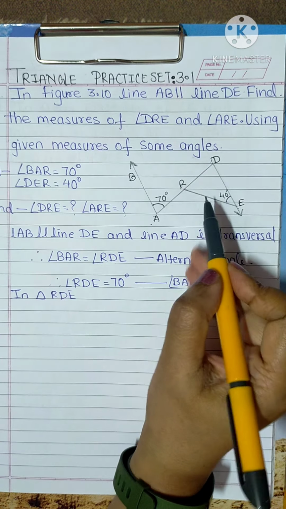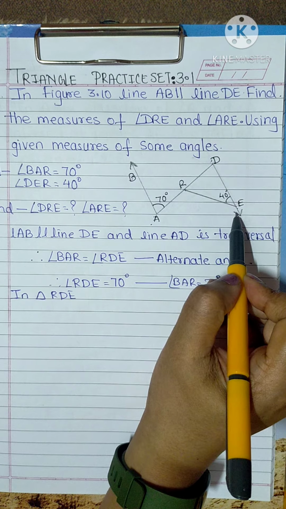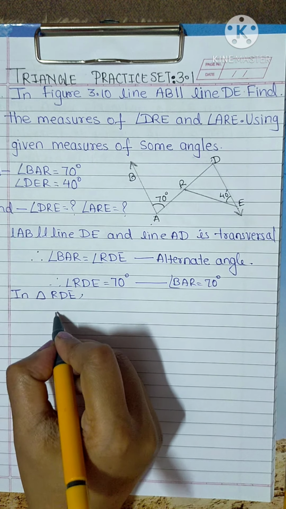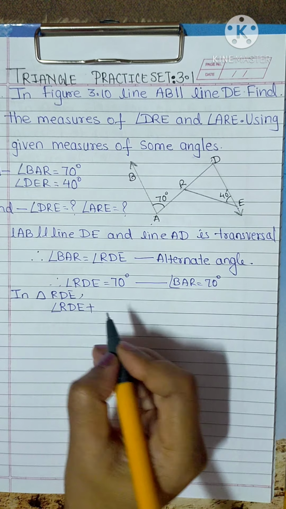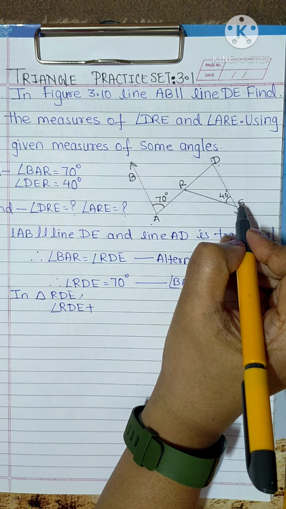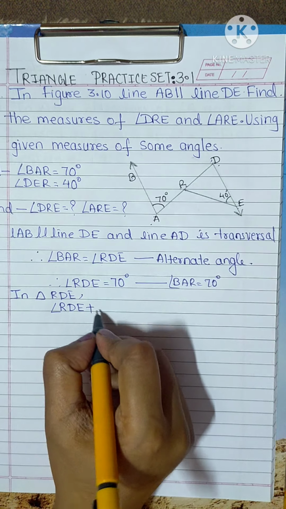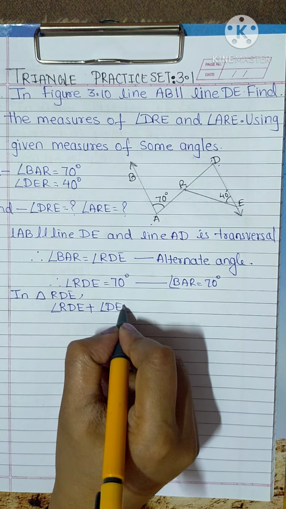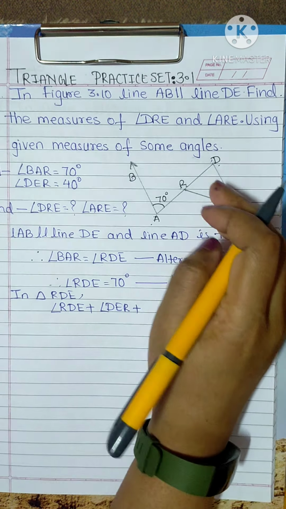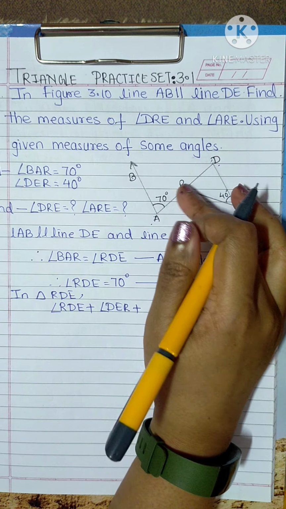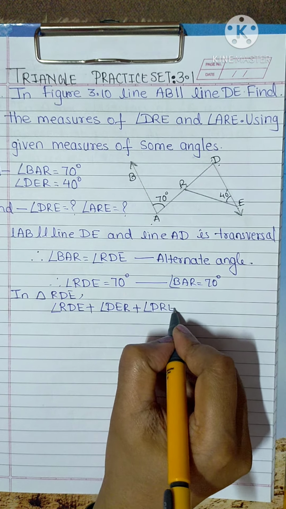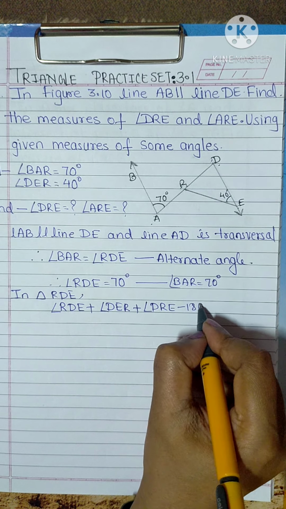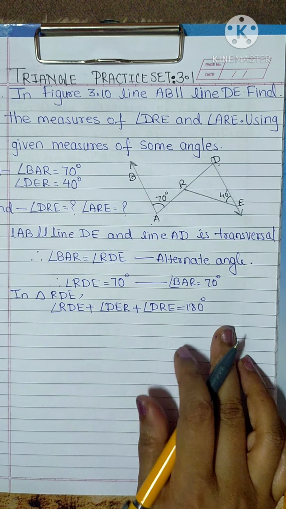Now next, in triangle RDE, angle RDE plus angle DER plus angle DRE equal to 180 degrees. Why?